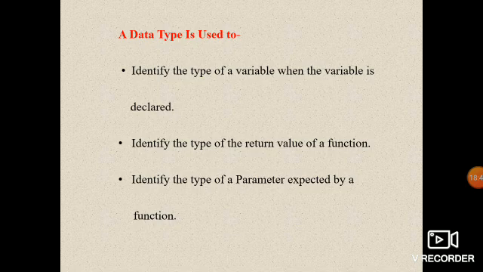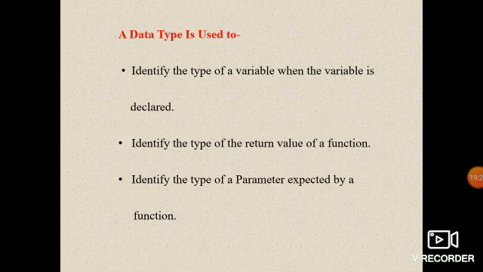With the help of the data type we can identify the type of variable when it is declared, the type of the return value of a function, and the type of parameter expected by a function. While passing parameters in functions we use the data type. In this way a data type can be used.